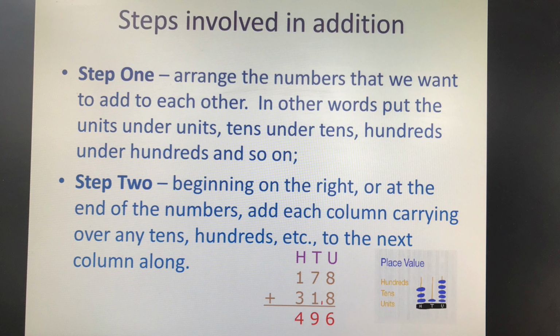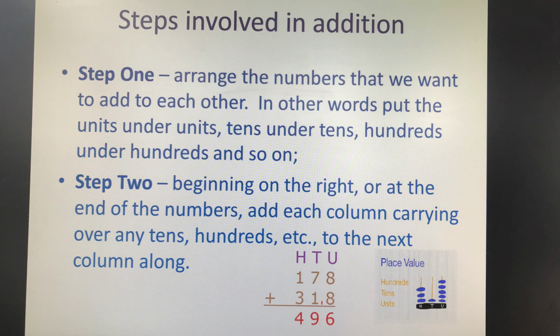Again, 178, the 8 goes in the units, the 7, meaning 70, goes in the tens, and the 1 for 100 goes in the hundreds. And likewise with 318, the 8 goes in the units column, the 1 of the 18 goes in the tens column, and the 3 of the 318 goes in the 300s column.